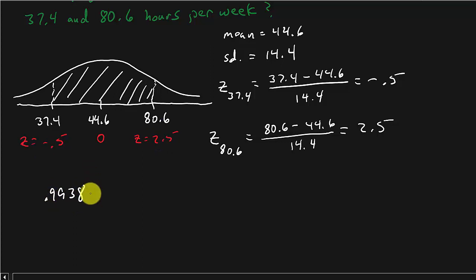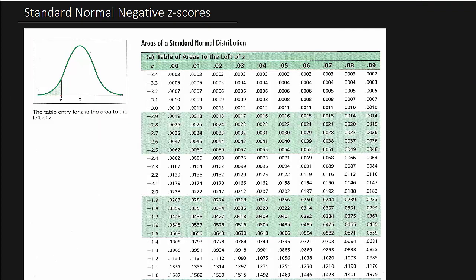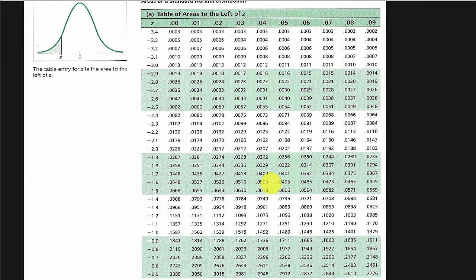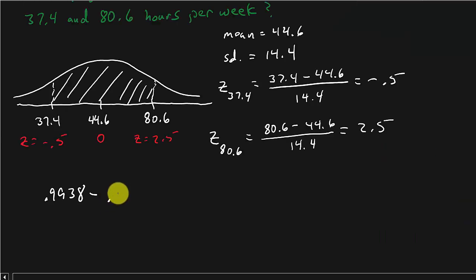Now I've got to look up this one and subtract it. So let's look up the negative 0.5. So there's negative 0.5 and 0, so 0.3085.